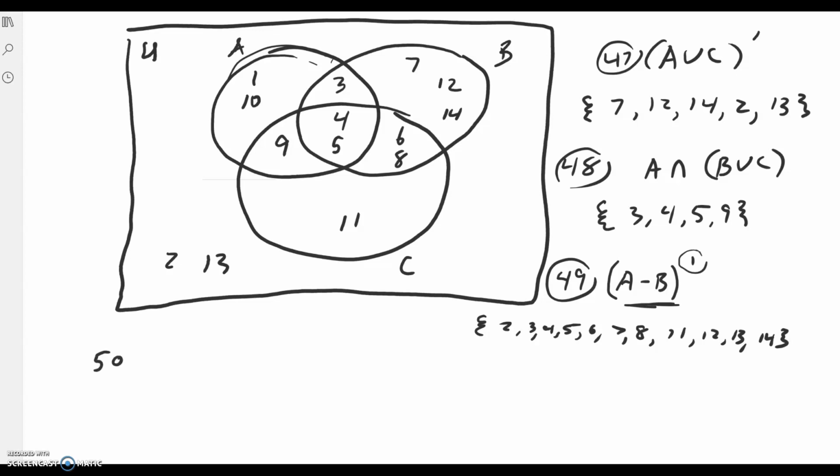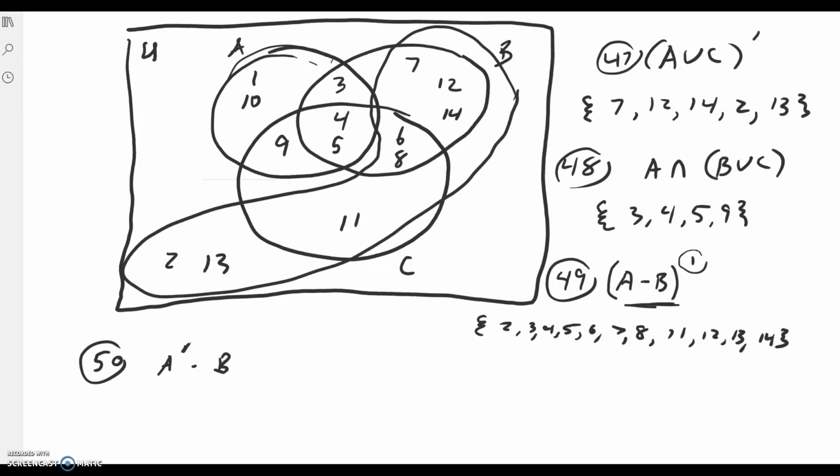Problem 50 looks similar, but it's really kind of different. It's a different subtraction. We're taking the complement of A and we're subtracting off B. The complement of A is everything outside of A. So everything outside of A are kind of these numbers right there.